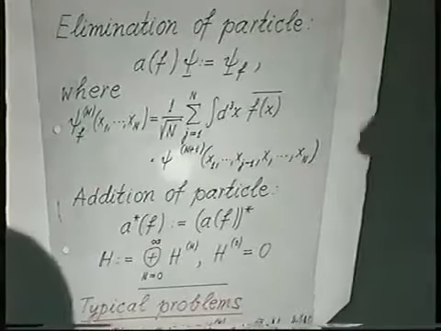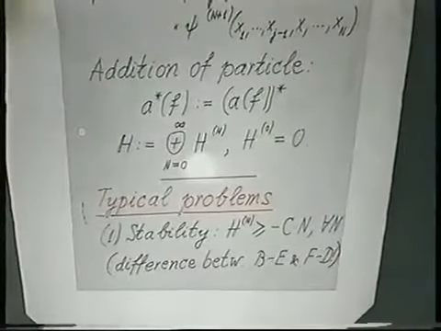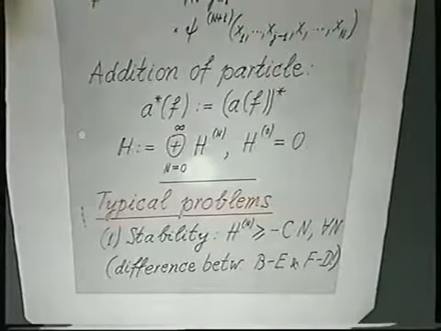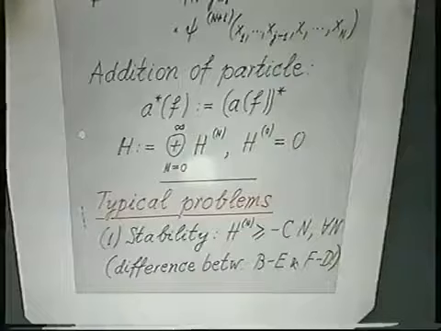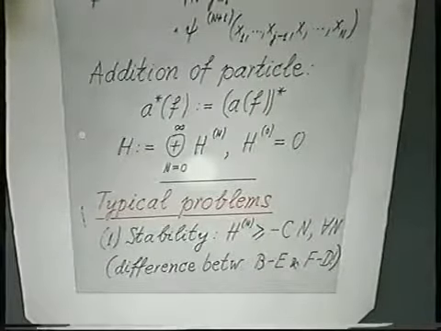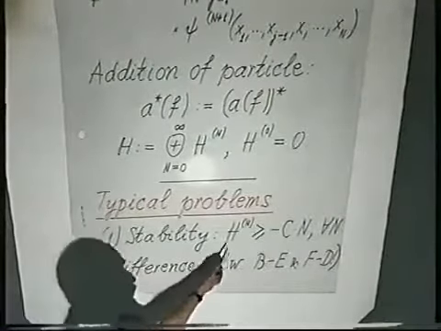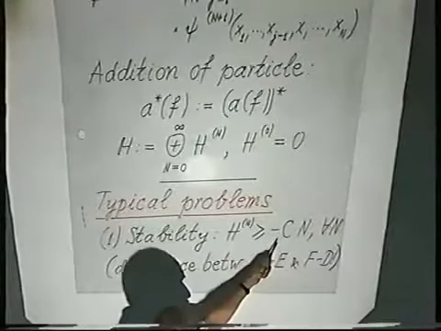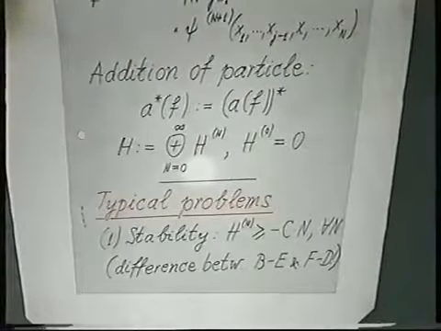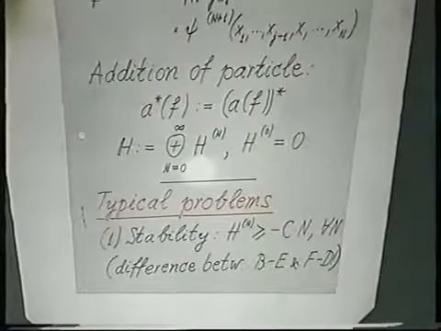So what are typical problems that we would like to understand about such large systems of non-relativistic quantum mechanical particles? The most basic problem that you can think of is the thermodynamic stability. You would like to understand whether the n-particle Hamiltonian is bounded from below by a constant times the number of particles, so that the energy per particle remains finite independently of how many particles there are in the system.